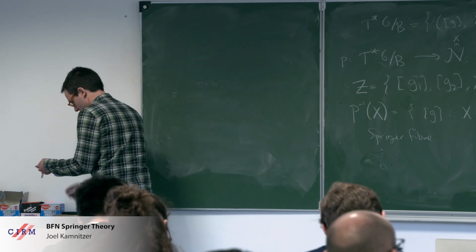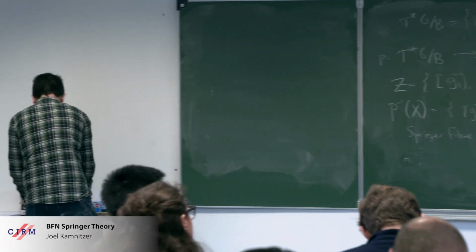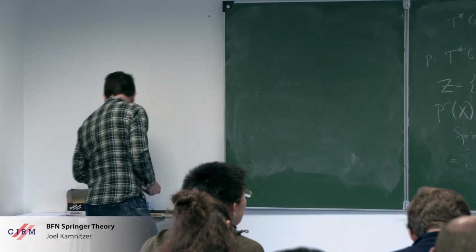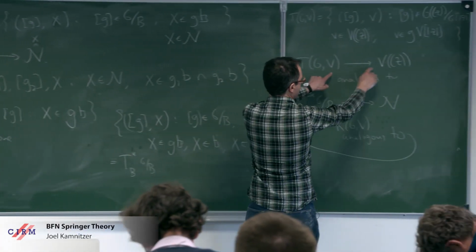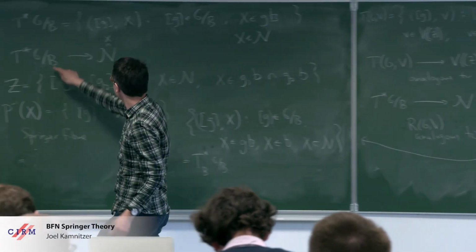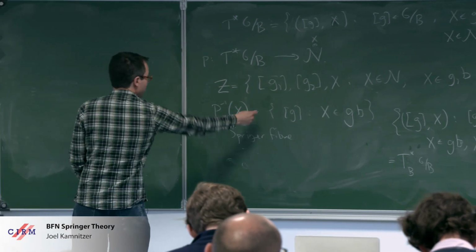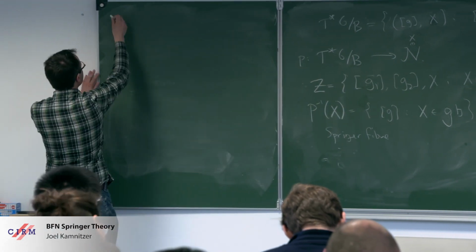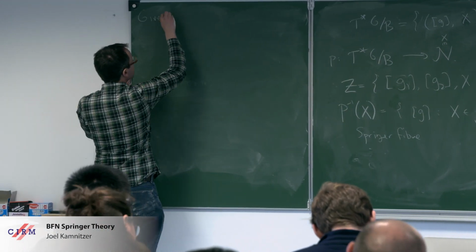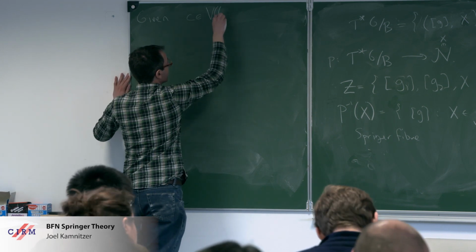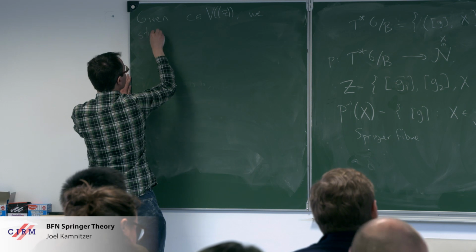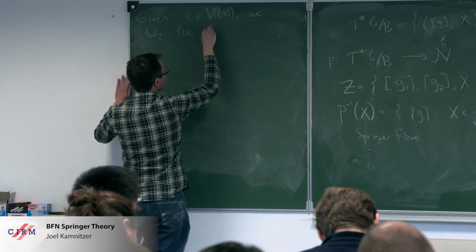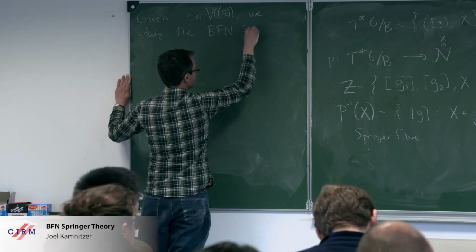But nonetheless, we can still study it. We're going to be interested in fibers of this map, because that's analogous to this map here, where we have our usual Springer fibers. So given C in V of Laurent series, we study the BFN Springer fiber.